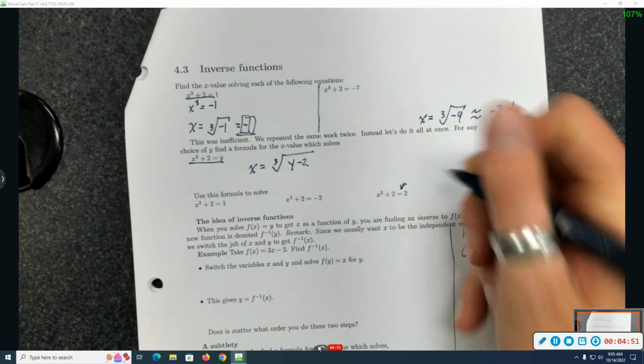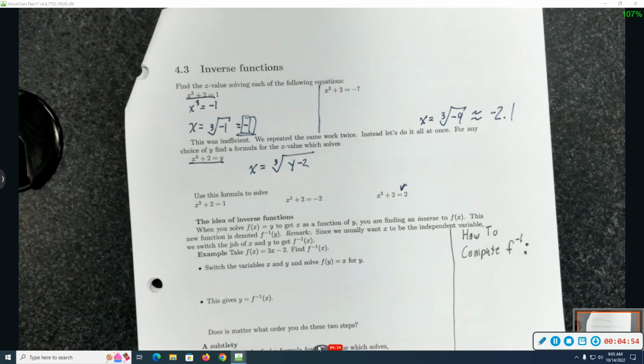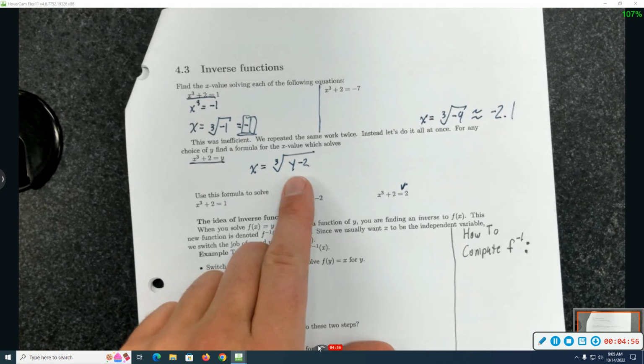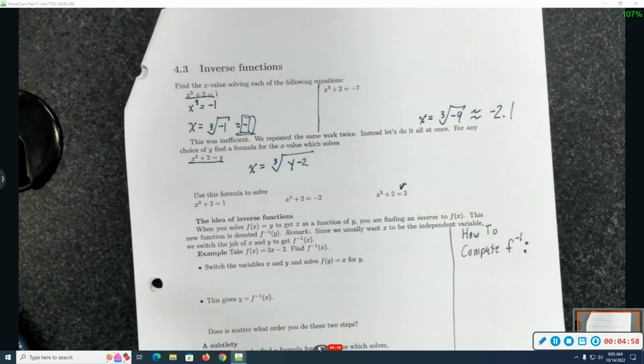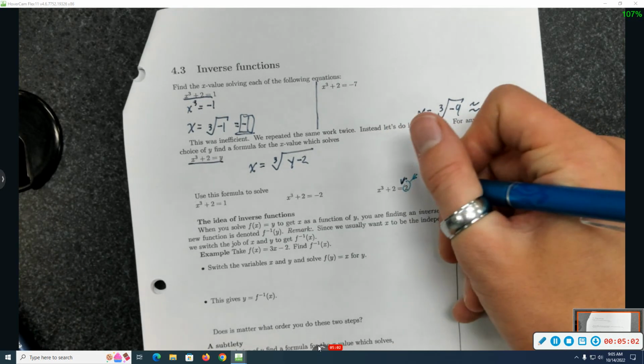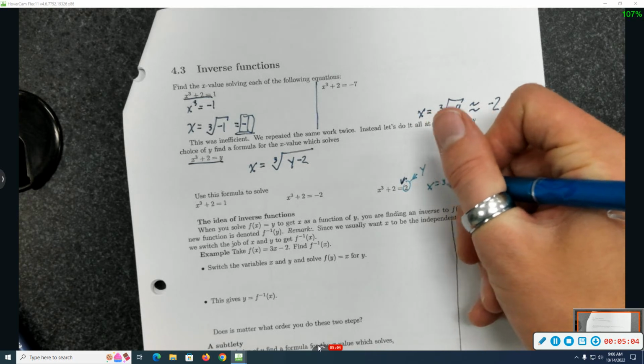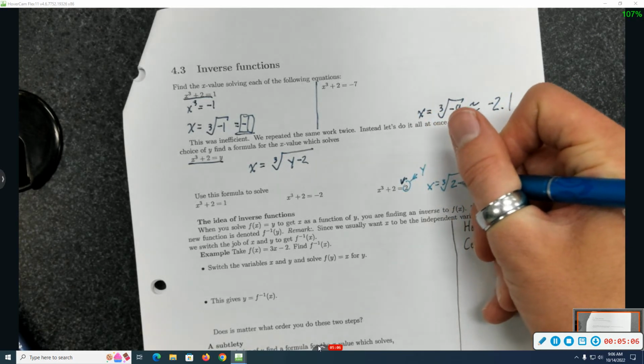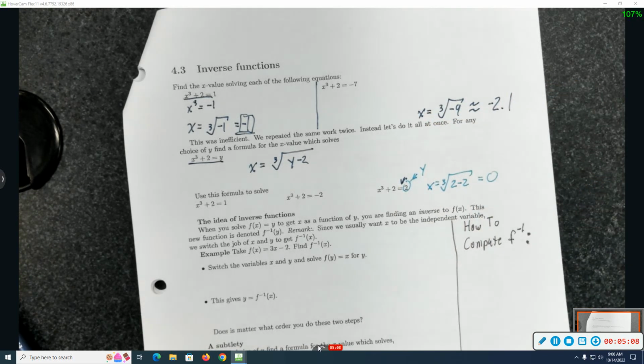If you want to solve x cubed plus 2 equals 2, well, here's your choice for y. So you'll get x equal to the cube root of 2 minus 2, also known as 0. That idea feel pretty reasonable?